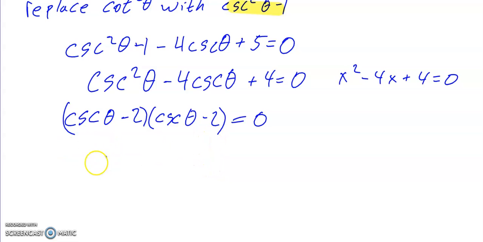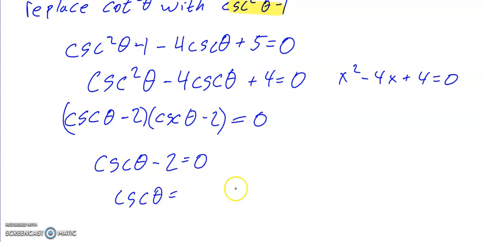These are ready to solve. So cosecant theta is going to equal 2. You know what? I'm doing a shortcut. Let's not do shortcuts, shall we? Subtract 2 equals 0. So cosecant theta equals 2.